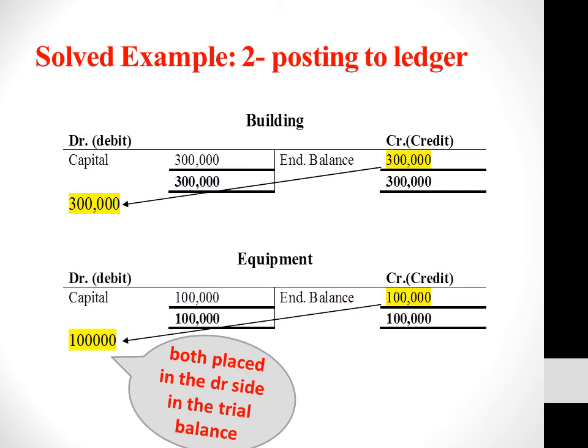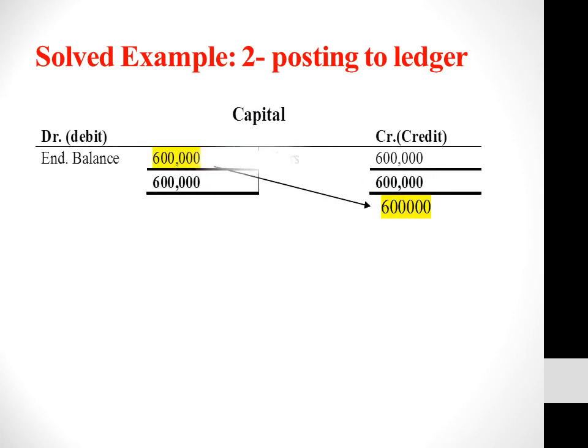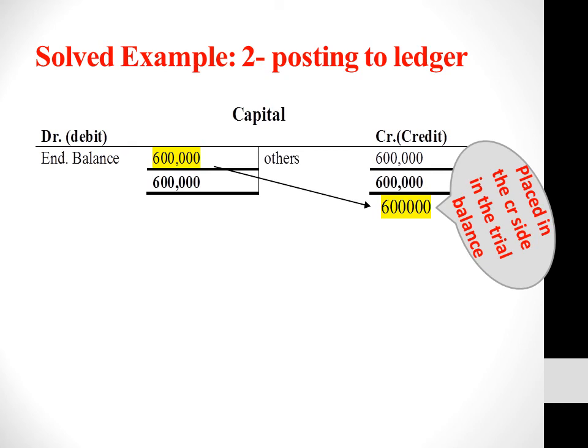Cash we received in the debit. So we'll keep posting to the opened accounts like capital, and note that for capital the balance will be credit because the credit side has 600,000 and the debit side is empty, so the balance will be 600,000 in the credit side.